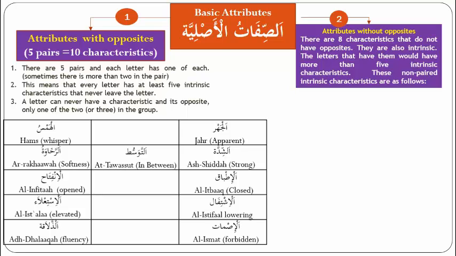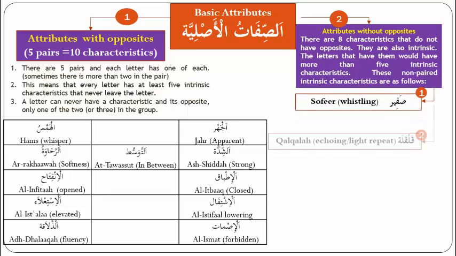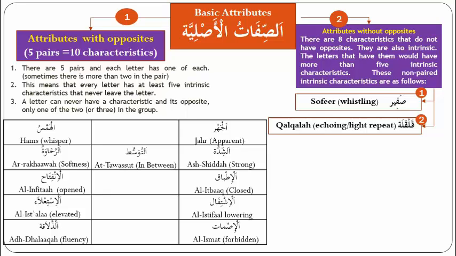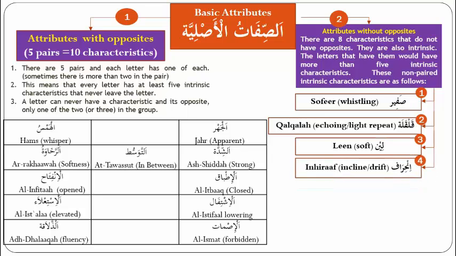These non-pair intrinsic characteristics are as follows. 1. As-safir, safir or whistling. 2. Qalqalatun, echoing, that is a light repeat. 3. Lean, there is a softness in the letter. 4. Inhiraf, an inclination or a drift. 5. Takrir, means repeat.